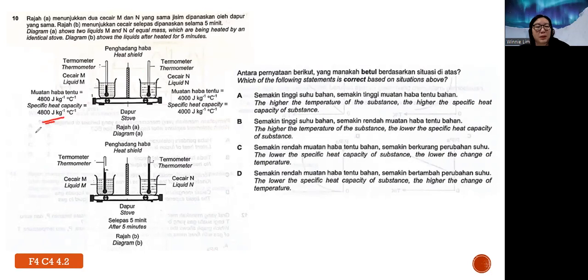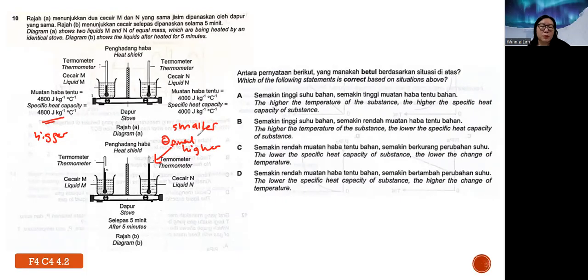This one is bigger, correct? This is smaller. For your information, what is specific heat capacity? Specific heat capacity is the amount of heat needed to increase the temperature of 1 kg of substance by 1 degree Celsius. So you see what is the change in temperature? Initially they have the same temperature, the final temperature for N is higher, correct?